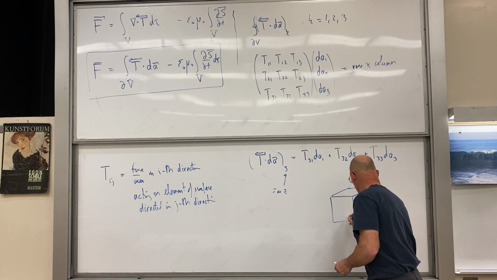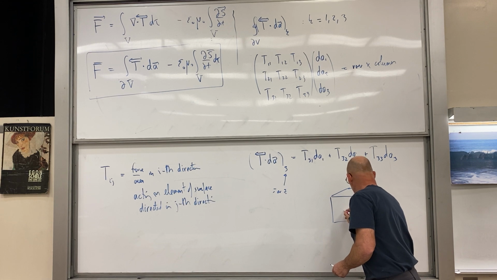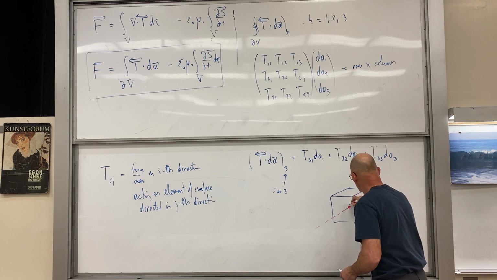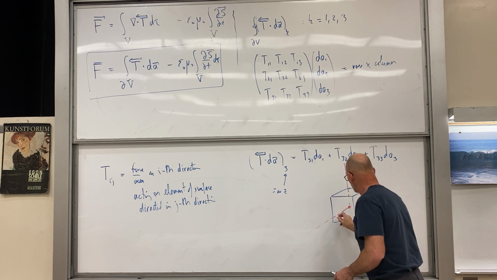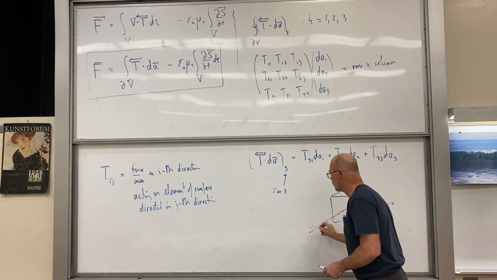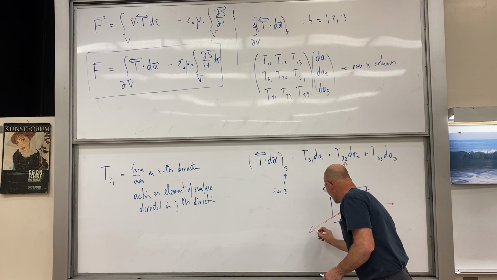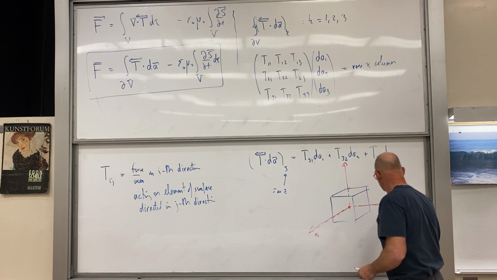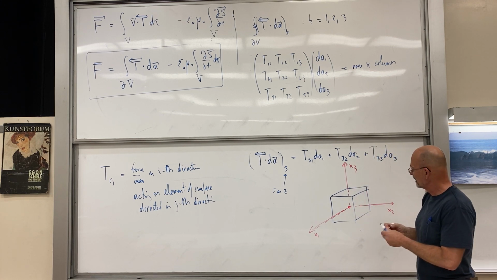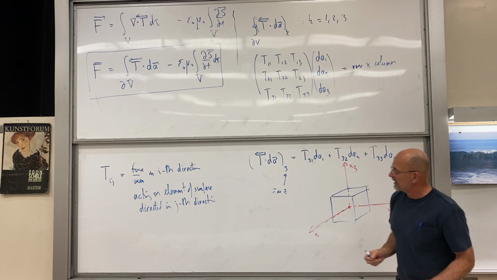Which way is the best way to do this? Say we're in the middle here. Yeah, here we go. Okay, so this is 1, 2, and 3, right? X1, X2, X3. So good.